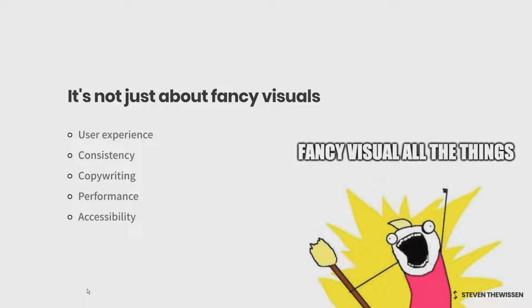Performance as well. If you have a big animation doing all sorts of fancy visual things, as soon as that animation starts to lag by just a few milliseconds, it's easily noticeable as a human being, and it starts to annoy you more than it impresses you. So that's definitely something we need to take into account. We also have accessibility. Obviously, not everyone is created equal.